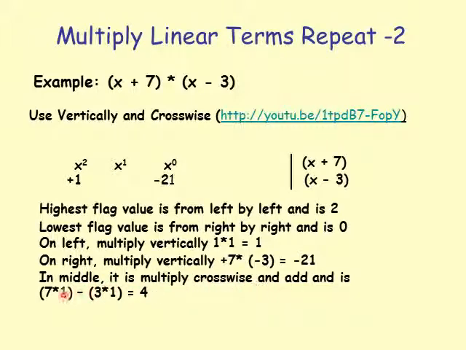That means I got a product of x squared plus 4x minus 21: x squared from here, plus 4x from here, minus 21 from here. Let's continue.